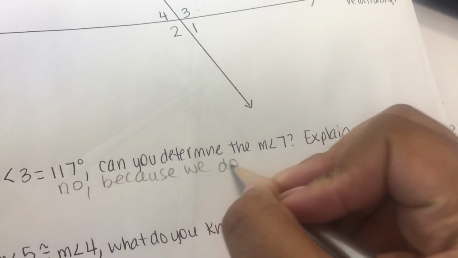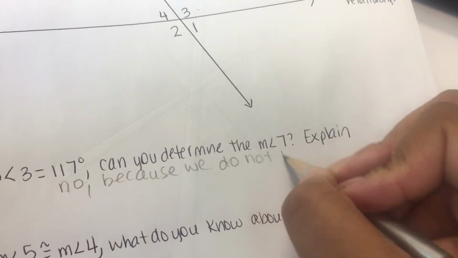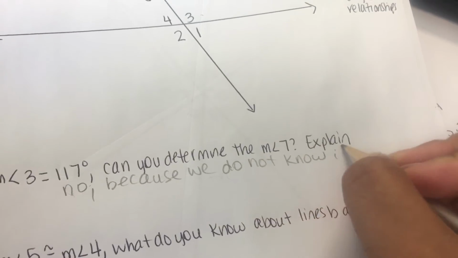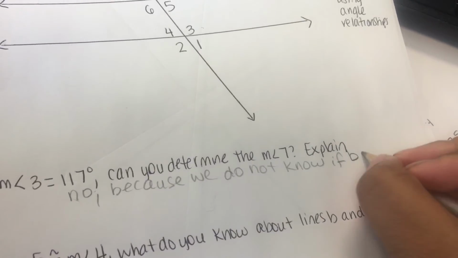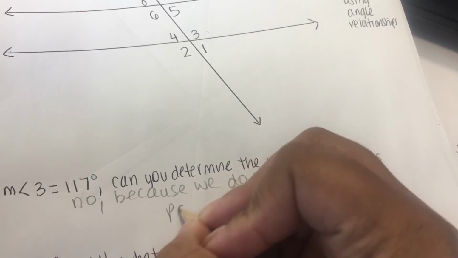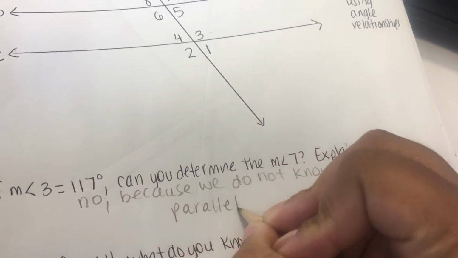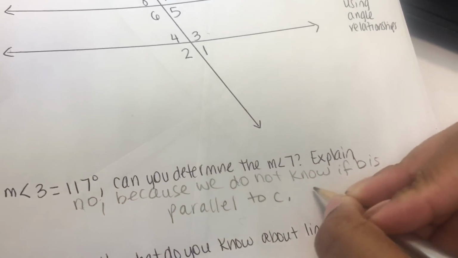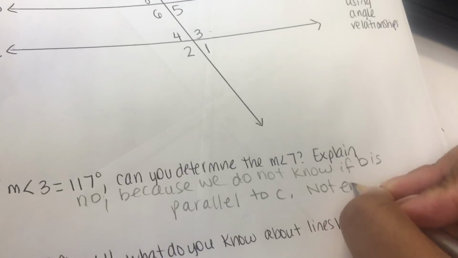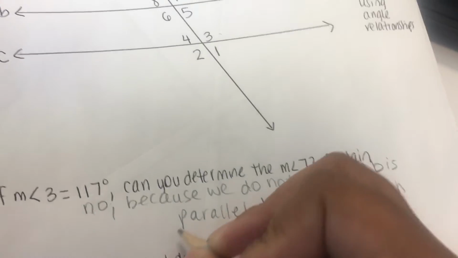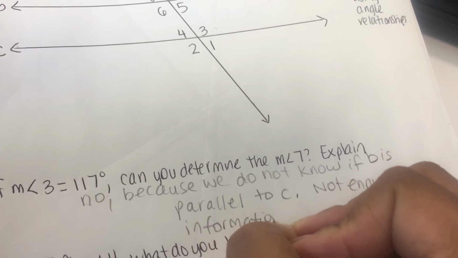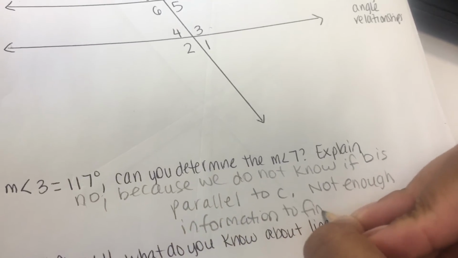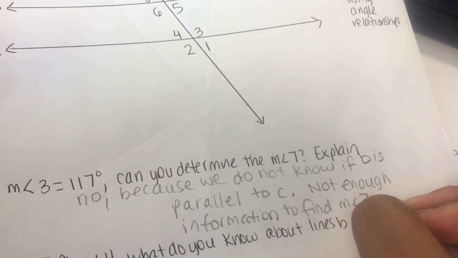The reason is that we do not know if line B is parallel to C. You could have also said there is not enough information to find the measure of 7.